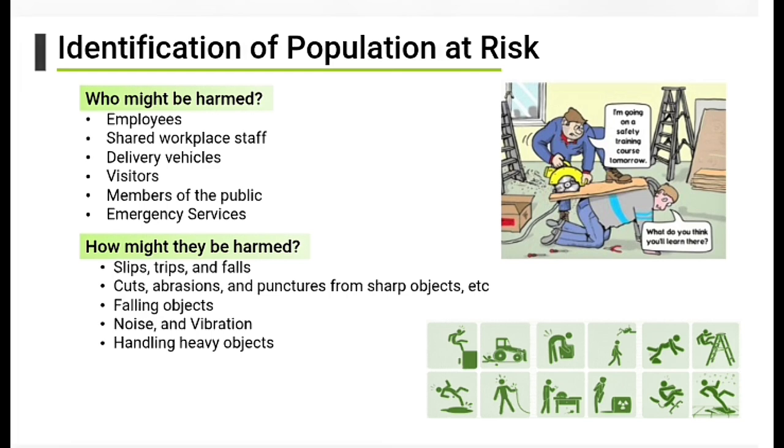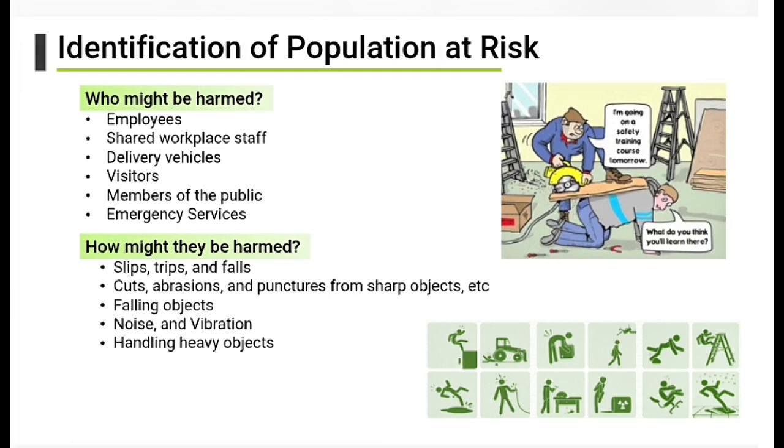The next step in the risk assessment process involves identifying the population at risk by considering who might be harmed within the workplace. This group includes employees, shared workplace staff, delivery vehicle operators, visitors, members of the public, and even emergency services personnel.